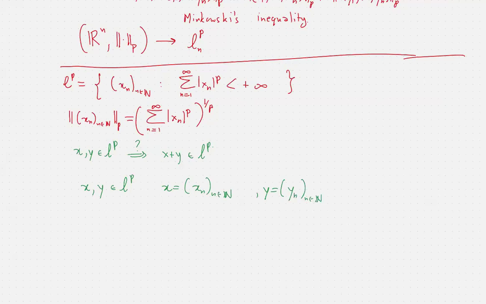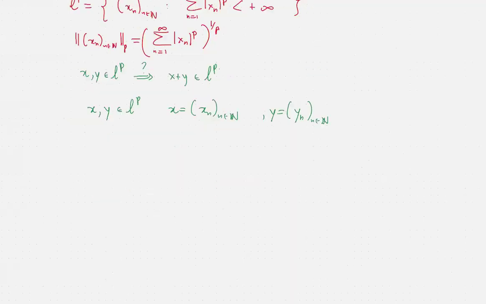So what you can do right away is apply the Minkowski inequality for truncations of these sequences, meaning we don't go all the way to infinity, we stop at m. So we will get that the sum of x_n plus y_n to the pth power, all raised to the 1 over p, will be less than or equal to the sum from n equals 1 to m of x_n to the pth power all raised to the 1 over p plus the sum of y_n to the pth power all raised to the 1 over p.